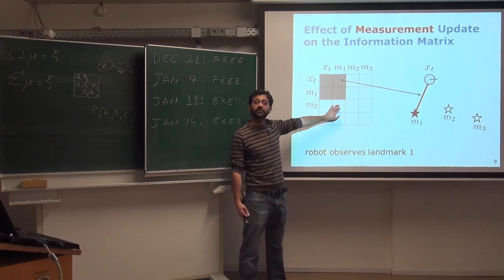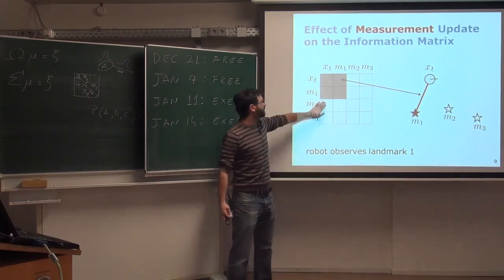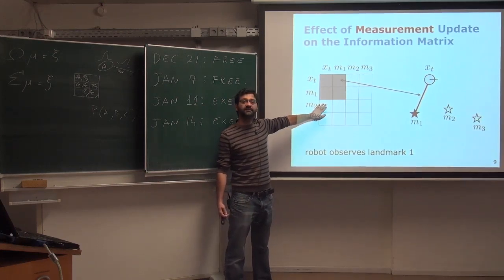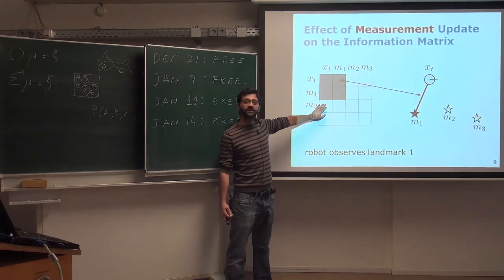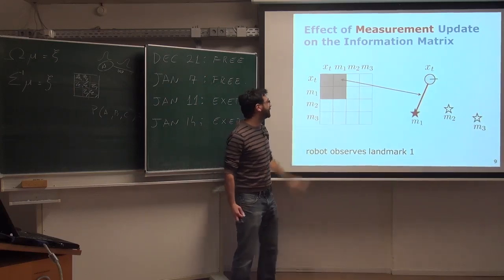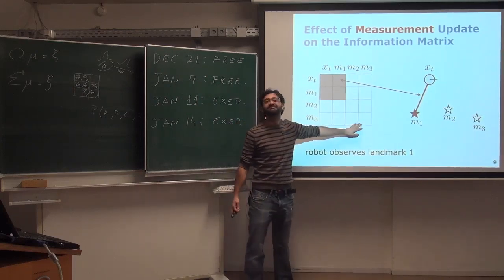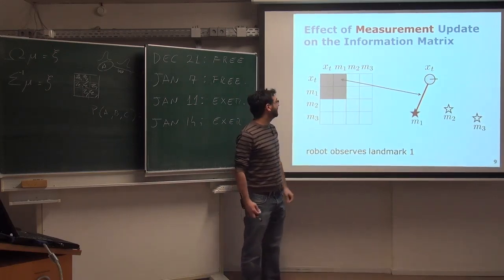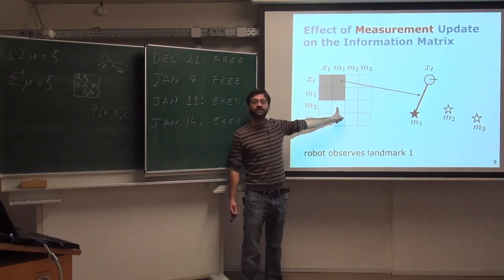Who says yes? 2. Who says no? Nobody? Only 1. Okay. Are we going to update this element here? Yes, 3. Some more? 4. Okay. Are we going to update anything on this line? No? Okay. Who said we're going to update something here?